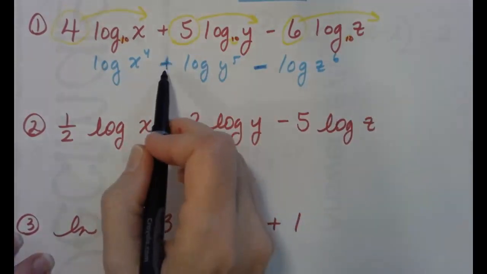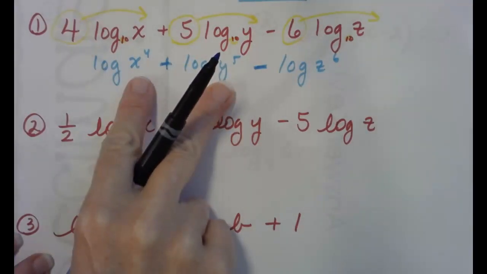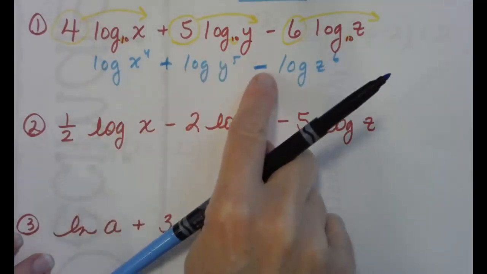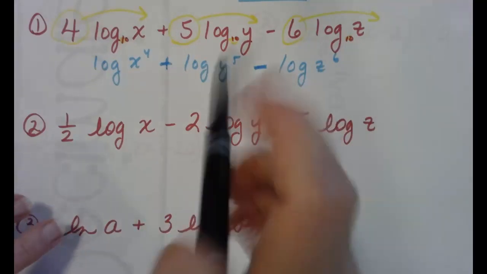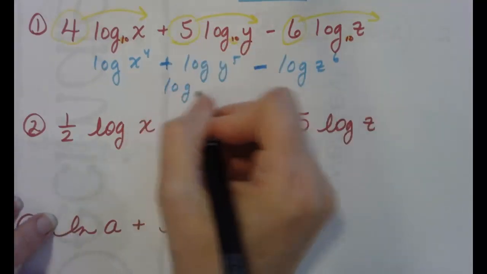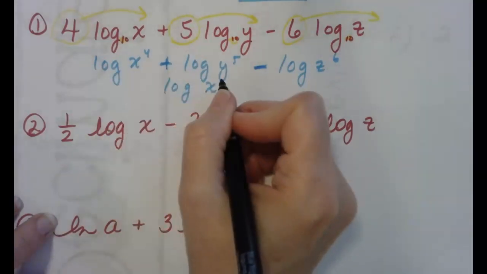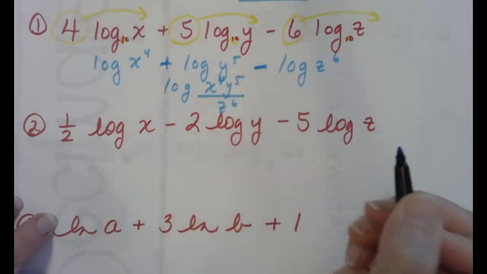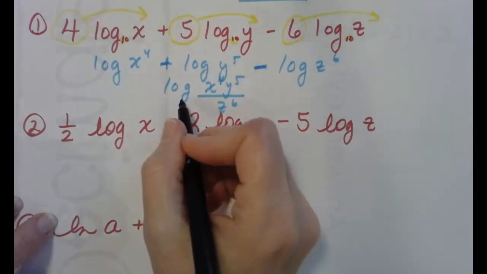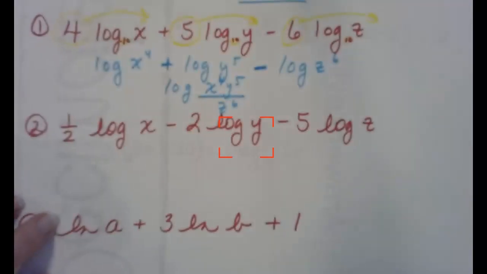To undo that sum, these two arguments will be multiplied together. And this is a minus, therefore it will not be multiplied, it will be divided. So, easiest way to remember it is that if it's positive, it stays on the top. If it is negative, it goes to the bottom. Once again, we only wrote LOG one time.